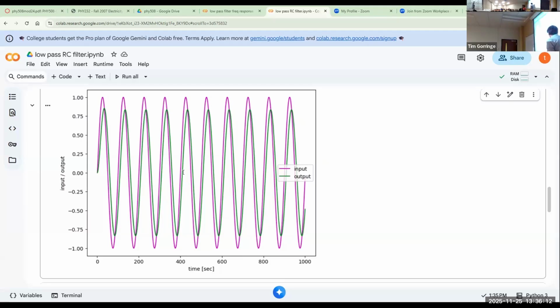The green is the output. We see a sinusoidal output now, but we've walked a lot closer to the time constant of the filter, and now we're seeing that we are attenuating significantly the input when we look at the output, and we're also getting a much more significant phase lag in the output compared to the input.